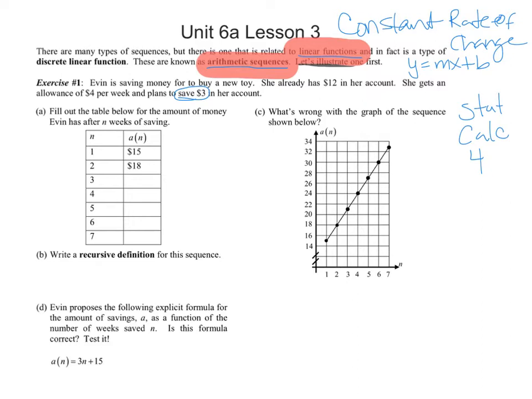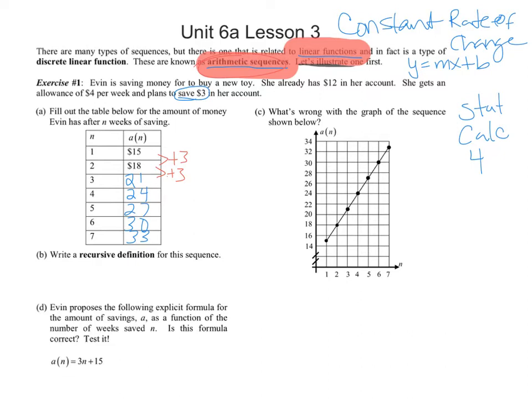Week 3, she has $21. Week 4, she has $24. Week 5, she has $27. Week 6, she has $30. And week 7, she has $33. Notice that my pattern is adding 3. Adding 3. That's how we know that it's an arithmetic sequence. It's because we're adding each time.